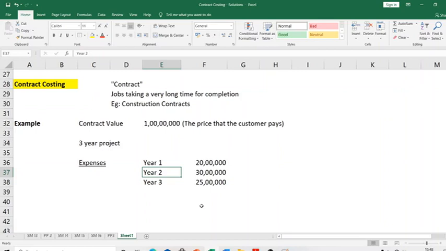So year 1 we may debit our P&L or trading account with 20 lakhs of expenses, but immediately we realize that we can't show 20 lakhs as expense or cost in the first year because no revenue was recognized. Immediately we go to the credit side and say by closing stock WIP, 20 lakhs, and then you remove everything from P&L. So year 1 P&L, net result it shows nothing.